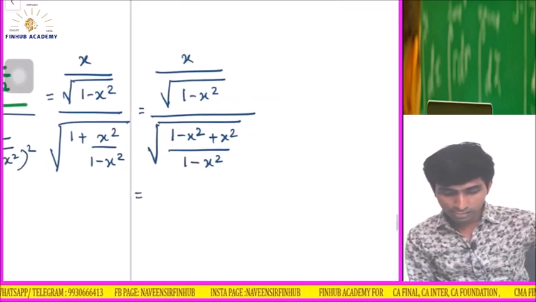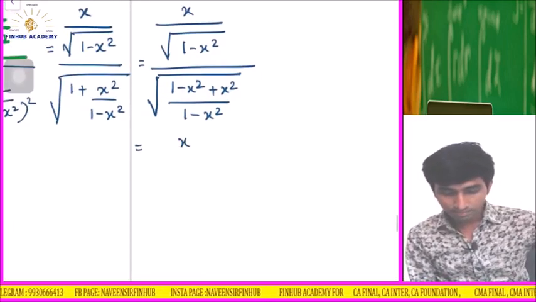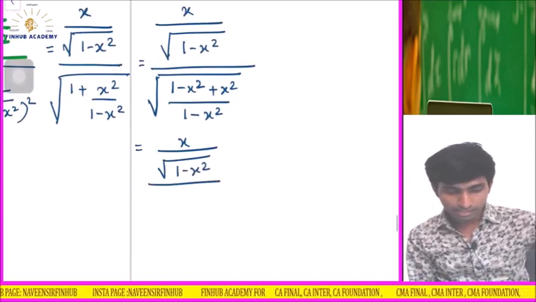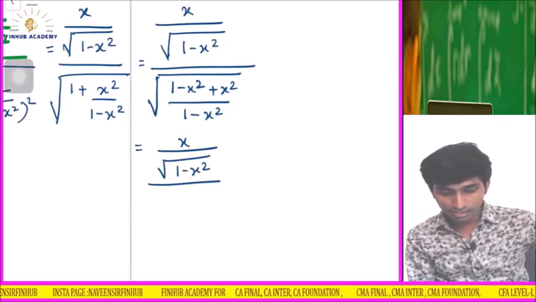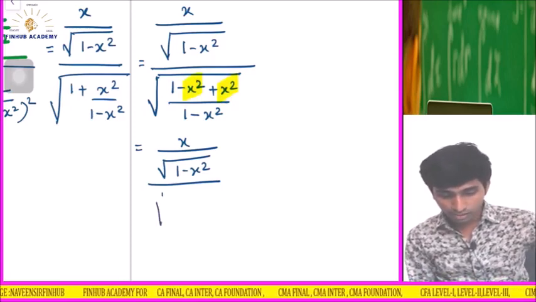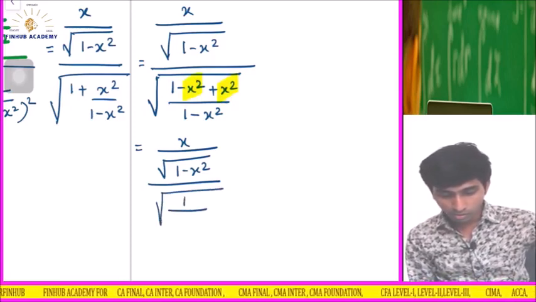So see what is left, x upon under root 1 minus x square divided by, the numerator, x square plus x square minus x square gone, so what is left, 1, so under root 1 upon 1 minus x square.